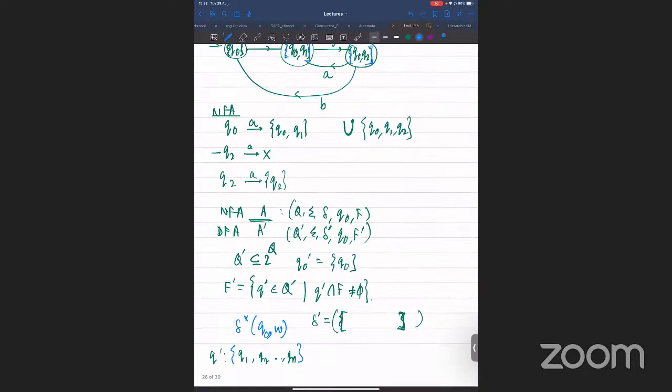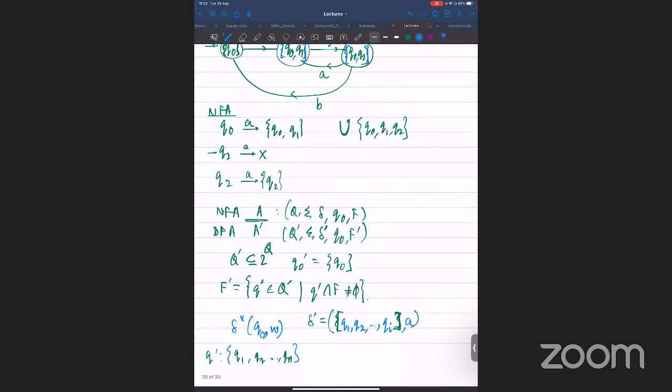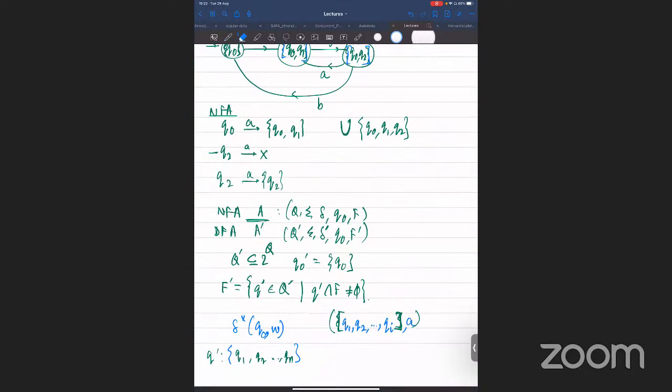So if I have, for example, delta prime of, let's say, [Q1, Q2, ..., Qi], comma A, and suppose this is equal to [P1, P2, ..., Pj].